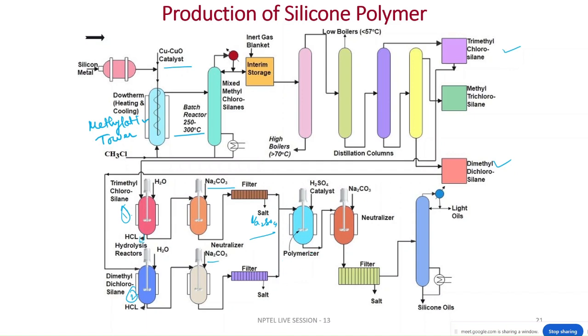After that those will be mixed and sent to the polymerization reaction. In the reactor we are using H2SO4 as a catalyst, and after that, to remove any excess acid, we again use neutralization with Na2CO3. Again it is passed through the filter to separate out the salts.